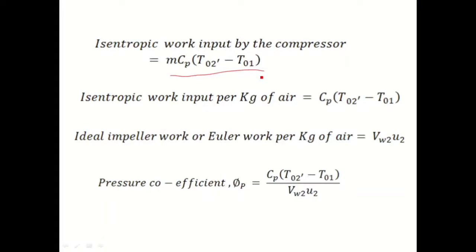Because we are taking the isentropic work, not the actual work. Per kilogram of air, it is Cp into T02 dash minus T01, and the ideal impeller work, as discussed earlier, is VW2 U2. So the ratio Cp into T02 dash minus T01 divided by VW2 into U2 gives the pressure coefficient.